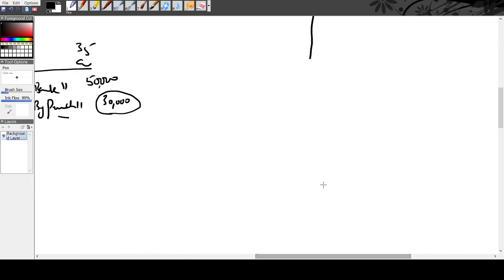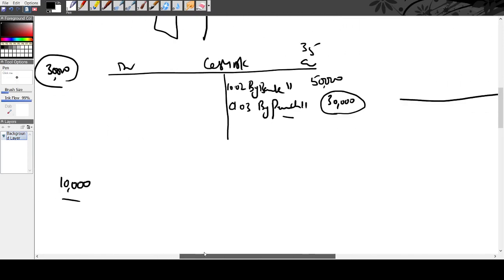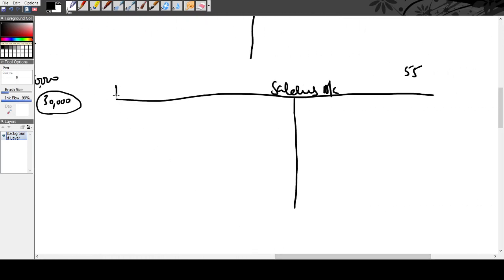So what I'll do is I'll now open the salaries account. Where is it? It is in page number 55 of the ledger. Left side is the debit side, right side is the credit side. We have the date column, the particulars. Here you have the LF, this is the amount column.